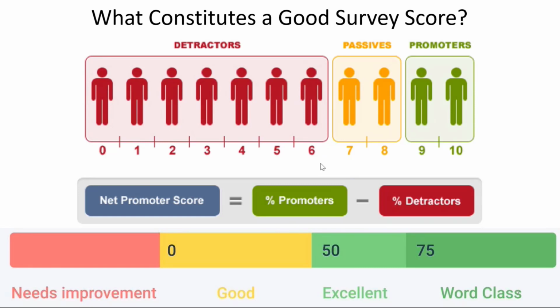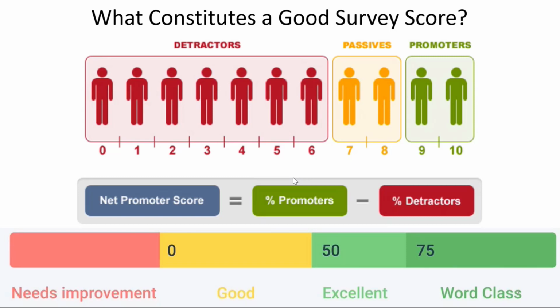The first one's pretty easy. Suppose you had 70 promoters, 30 detractors, and 0 passives. That's 70 and 30, which is 100. So it would be 70% promoters minus 30% detractors, which gives you an NPS of 70 minus 30 equals 40.